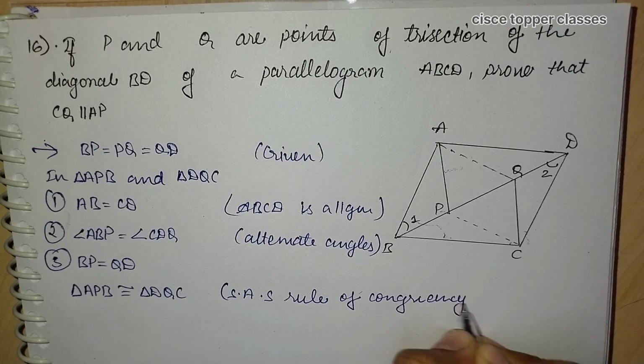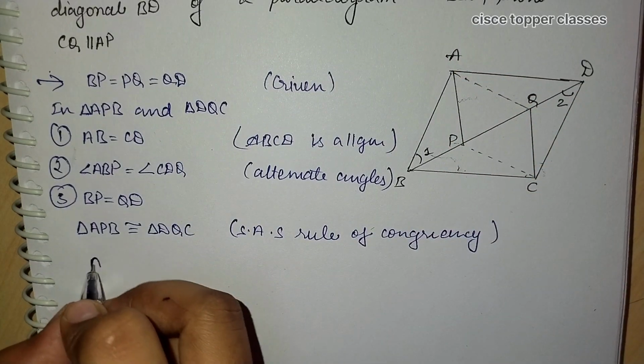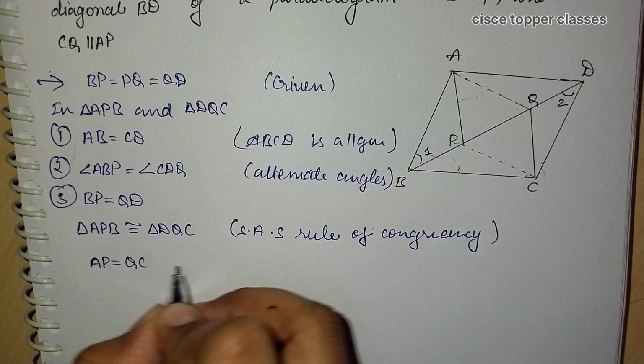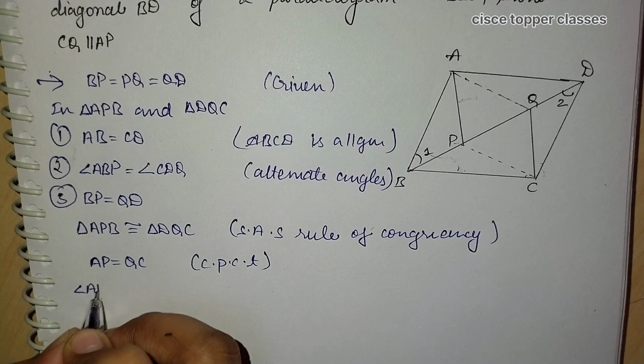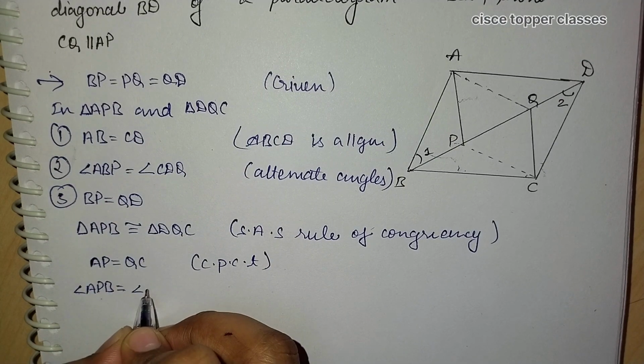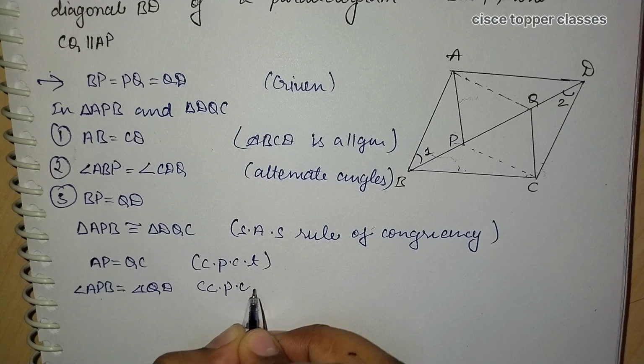And from this we can write that AP is equal to QC by CPCT, and angle APB is equal to angle CQD, also by CPCT.